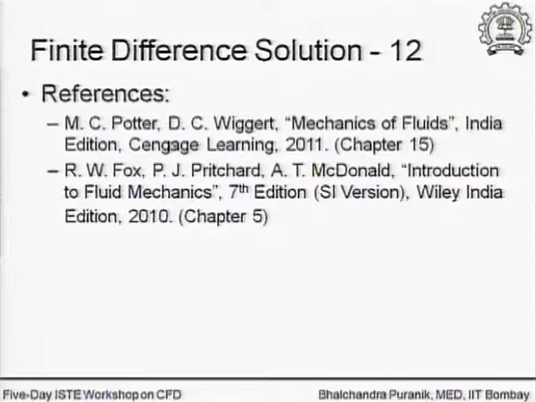In particular, Potter's book has a fairly large CFD introduction, where something very similar has been done, a diffusion equation type situation in chapter 15, and Fox's book has a very small discussion which is actually not that useful. There are obviously numerical methods books which will talk in far more detail, so perhaps you should not pay much attention to these references.